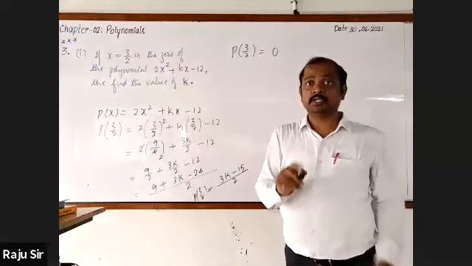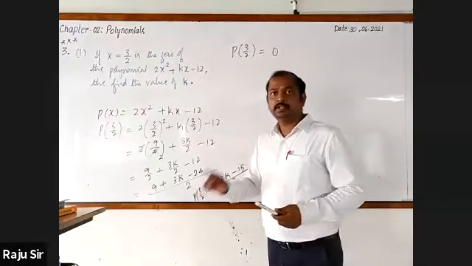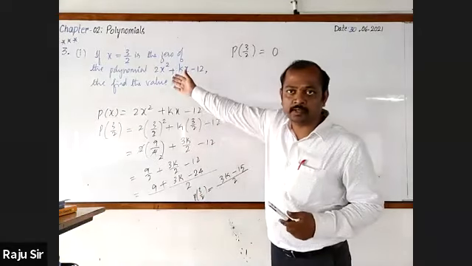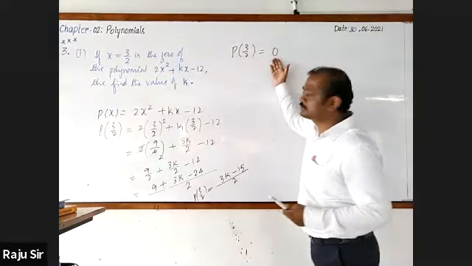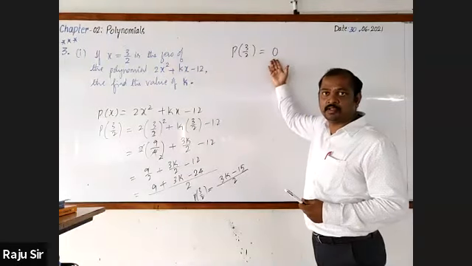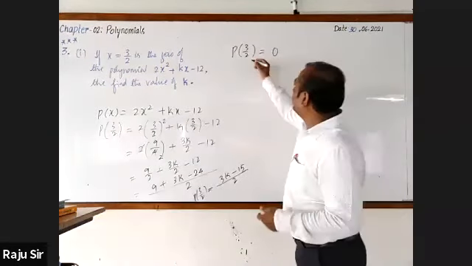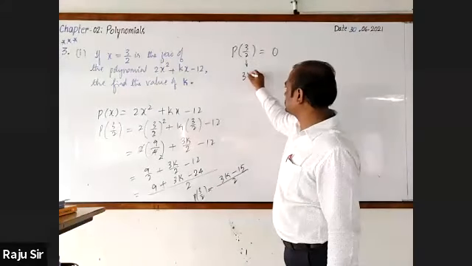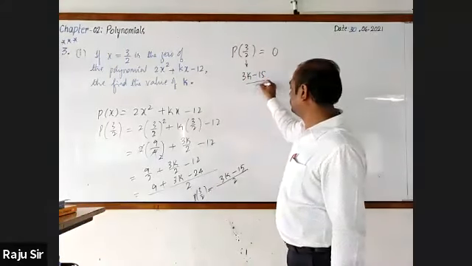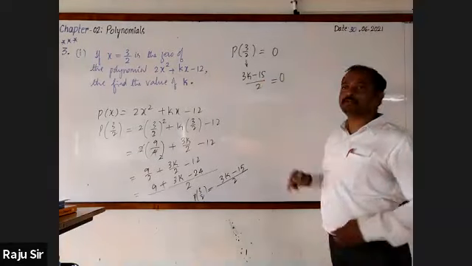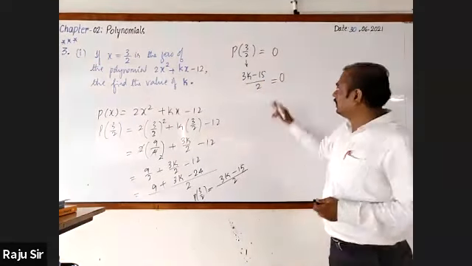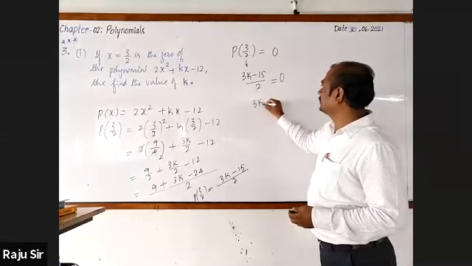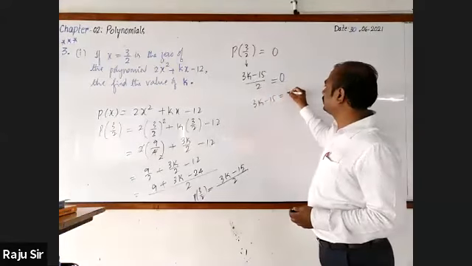But it is given that 3 by 2 is the zero of the given polynomial. Hence it should be 0. We have written that according to the statement. And we know P of 3 by 2 is 3k minus 15 by 2. That is equal to 0. Now let us cross multiply. 3k minus 15 is equal to 0.